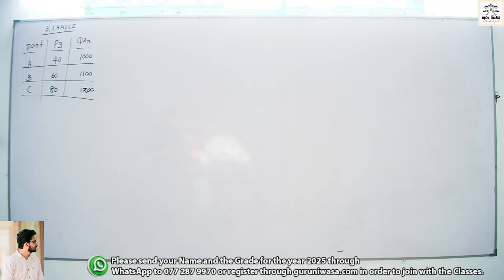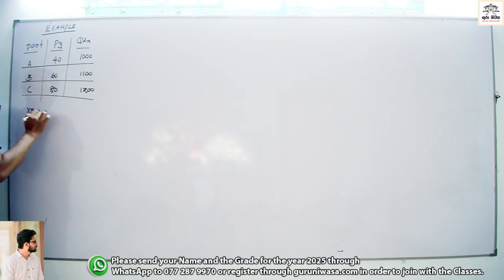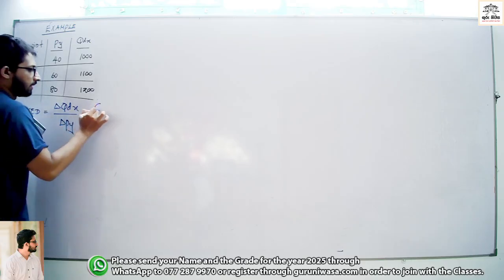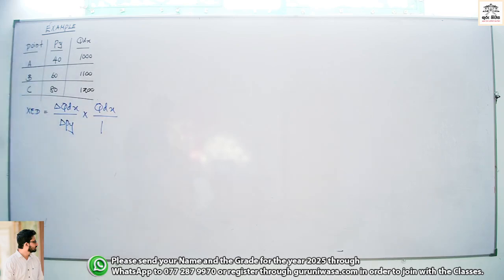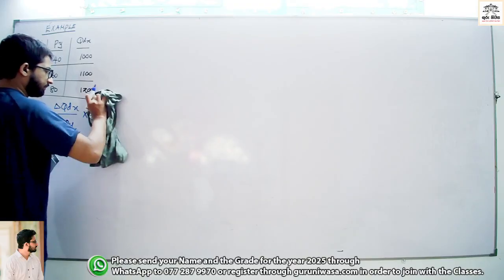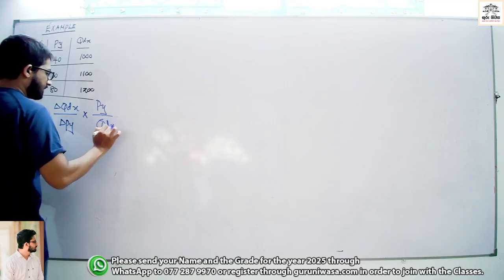First one, point price elasticity of demand at point A. What is the equation? Write down the equation. XED equals delta QDX divided by delta PY into PY over QDX.